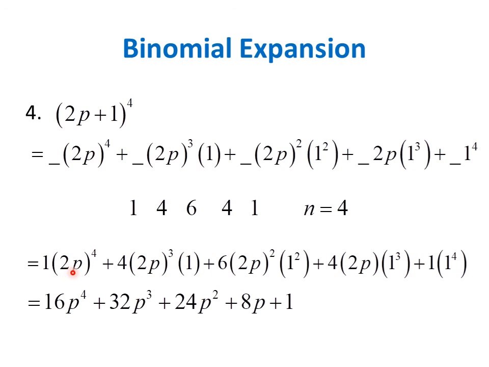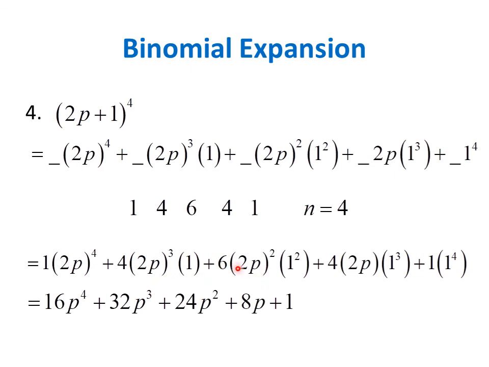And the remaining expression is p to the 4, so we have times p to the 4. Next term, let's start with the exponent. We have 2 cubed, that is 2 times 2, 4 times 2, 8. Times this 4, 32, times 1, still 32. And the remaining expression is p cubed.